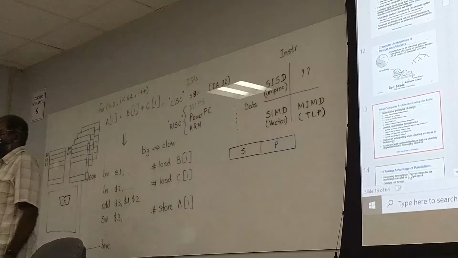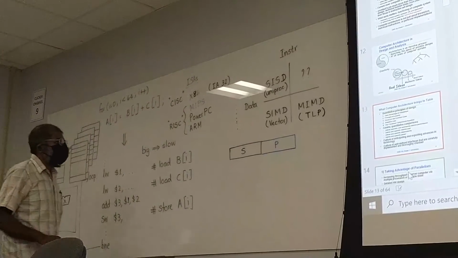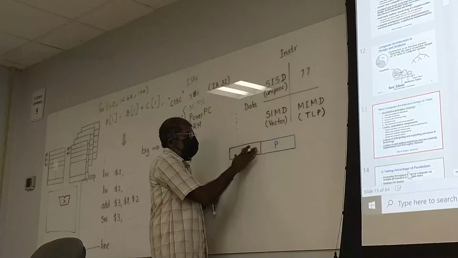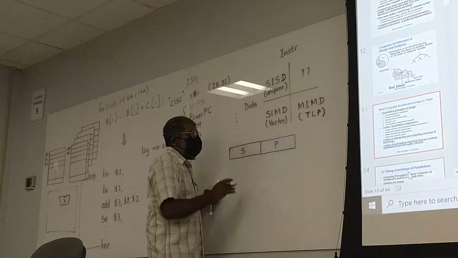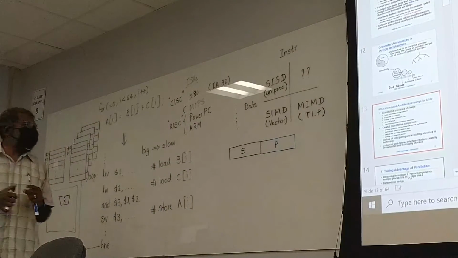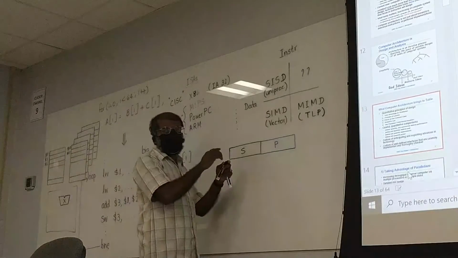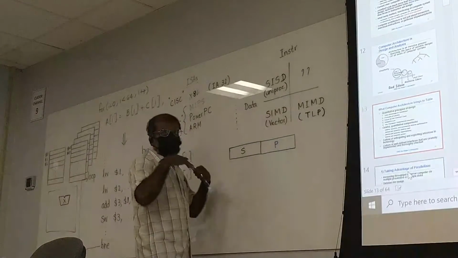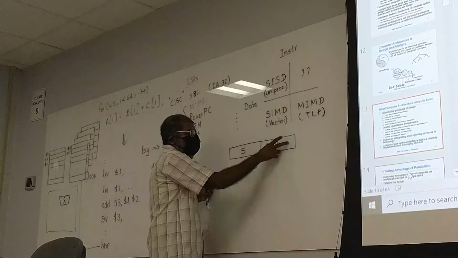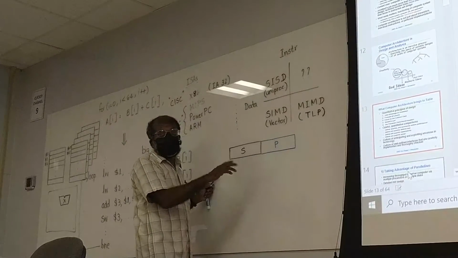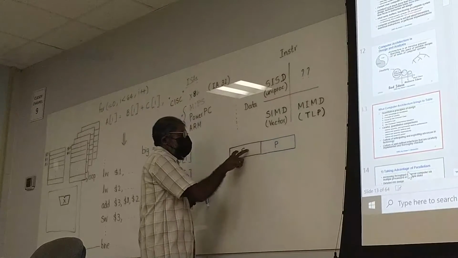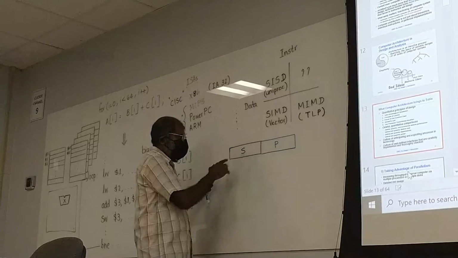Let's say this is our original situation. Approximately 50% is serial, and approximately 50% is highly parallelizable. In the limit, if you put in a lot of resources, hopefully we can do this part in 0 time, because it's a tremendous amount of parallelism. But this part has no parallelism whatsoever.